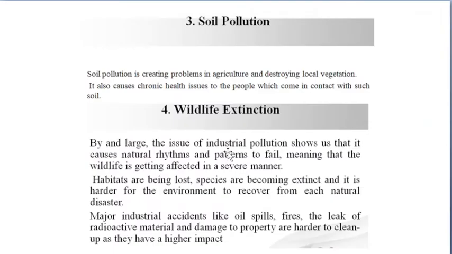Then there is also soil pollution, and then wildlife extinction. By and large, the issue of industrial pollution shows us that it causes natural impacts and patterns to fail, meaning that wildlife is getting affected in a severe manner.